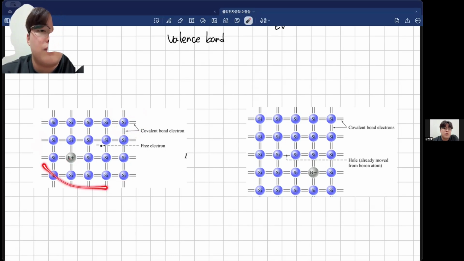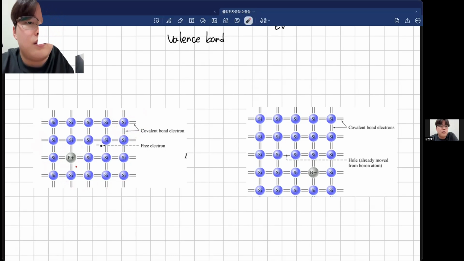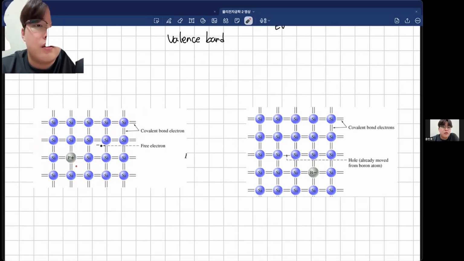At that time, if we dope with a group 5 element as a donor, it has 5 electrons and the silicon has 4 electrons. If the donor and silicon combine using 4 electrons, there will be one electron left over. This electron will be the free electron carrier.